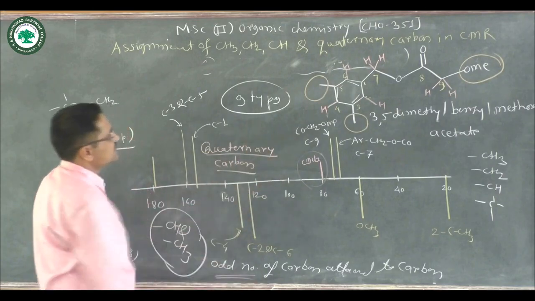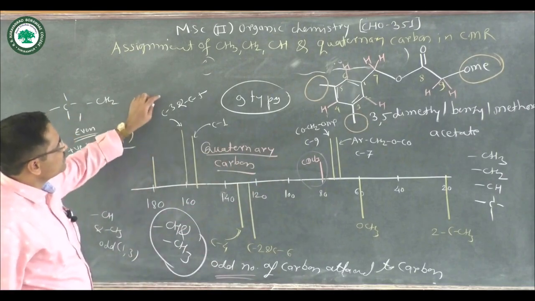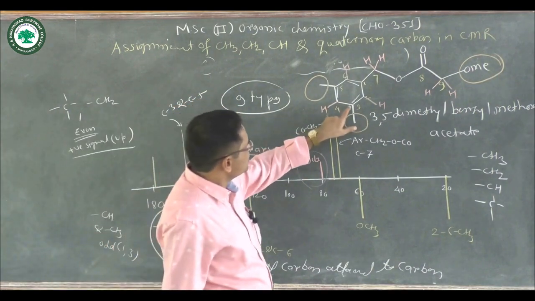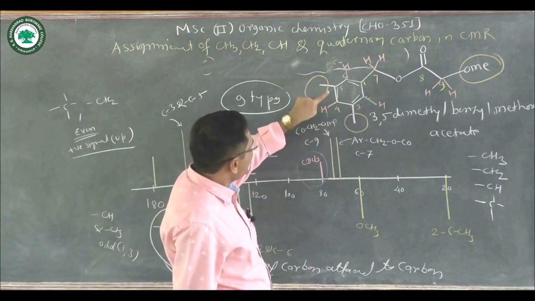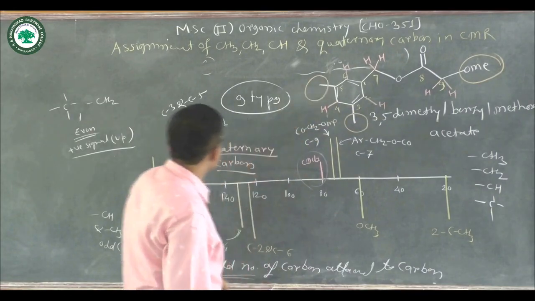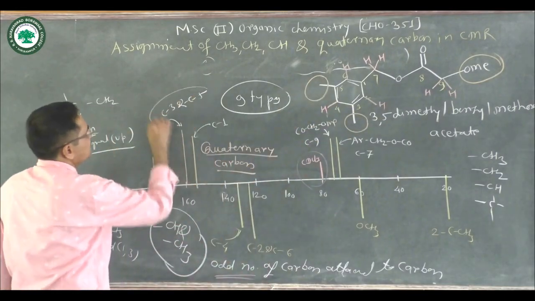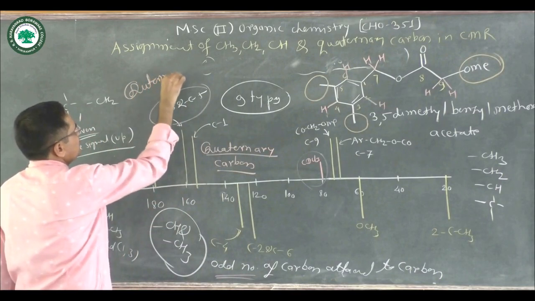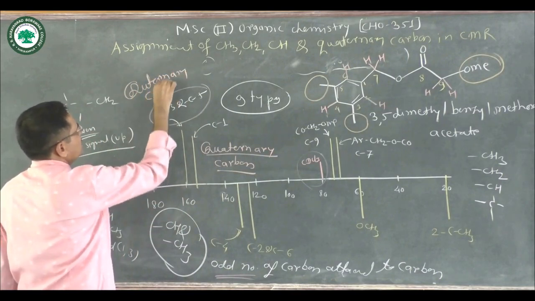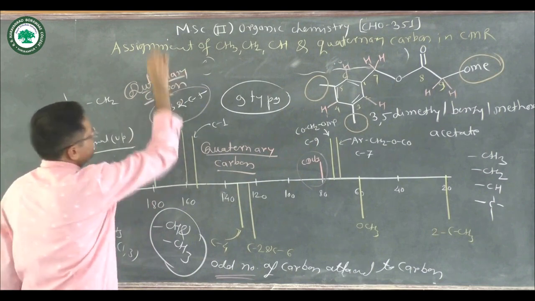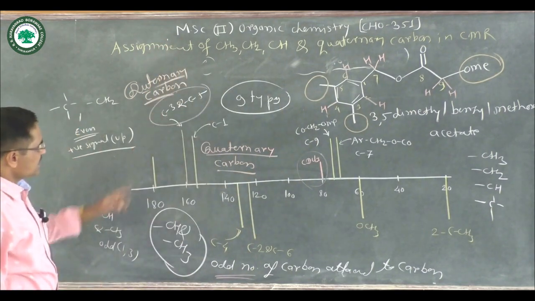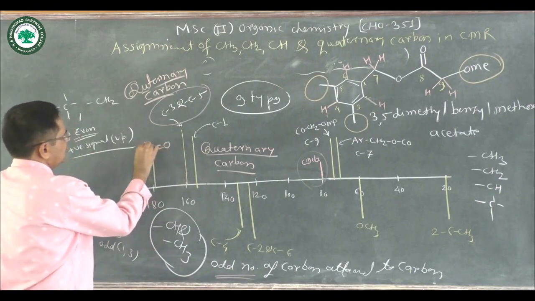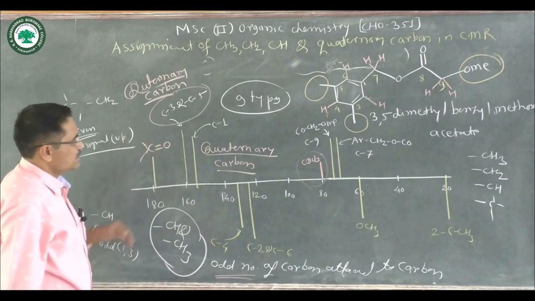Also C3 and C5, both of these are quaternary carbons. And the last one is for the carbonyl group.